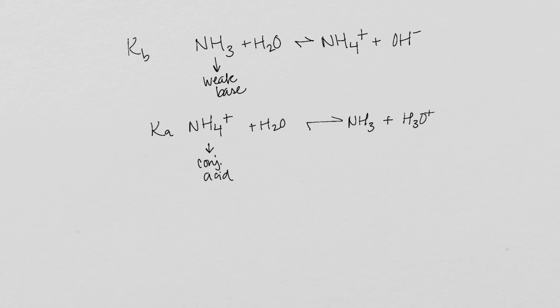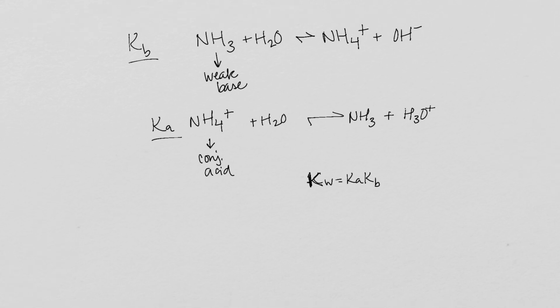The last thing you really want to pay attention to is how to solve for Ka and Kb. So we talked about Kw in class, and we said how that is equal to the Ka times the Kb. So at 25 degrees Celsius, that is always going to be 1 times 10 to the minus 14th when it's in water at 25 degrees.